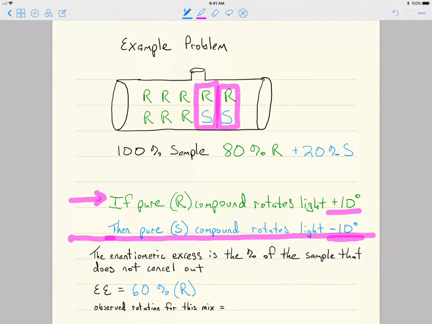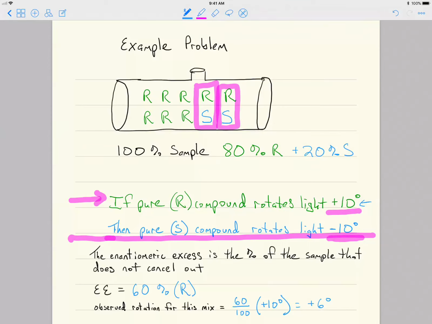So that would give me 60% of my sample is still the R. Now, if I know that the pure R compound rotates light plus 10 degrees, then 60% of plus 10 degrees would be plus 6 degrees. And it's no easier or harder than that.